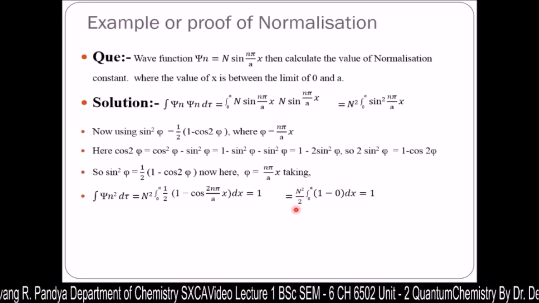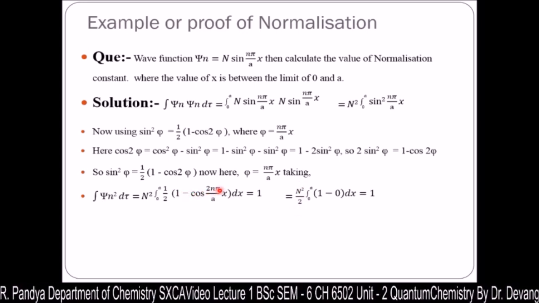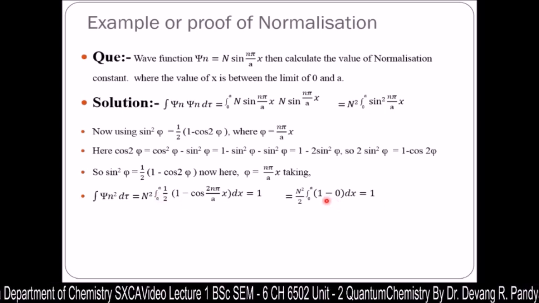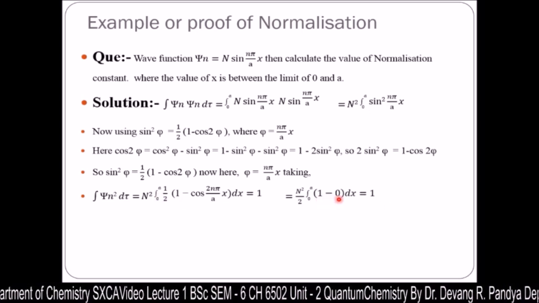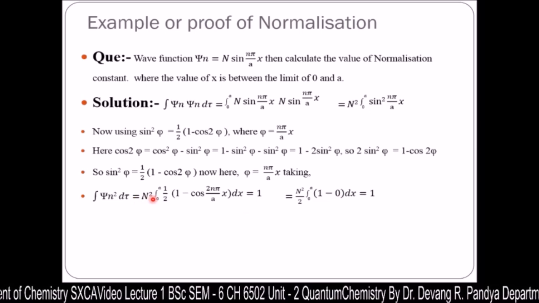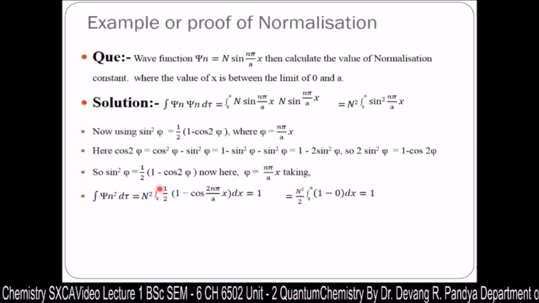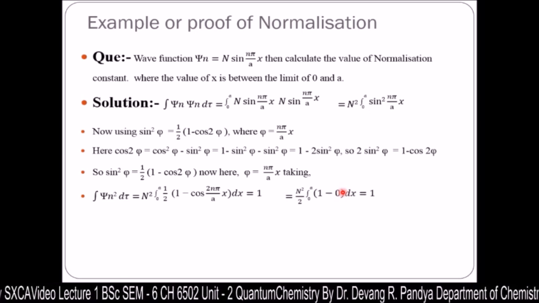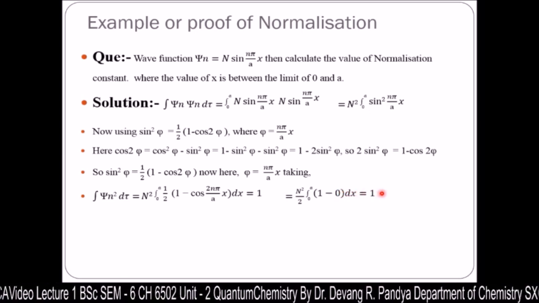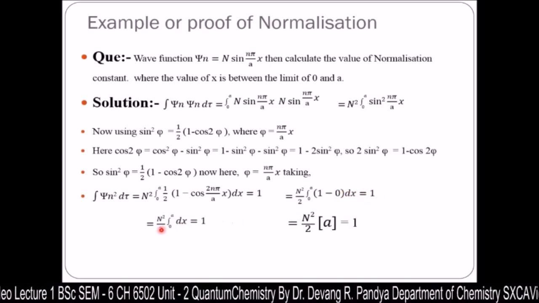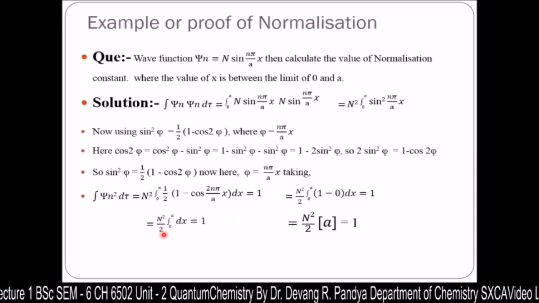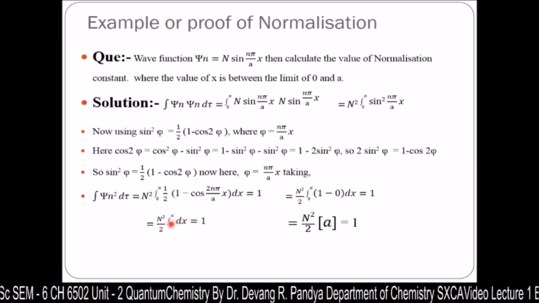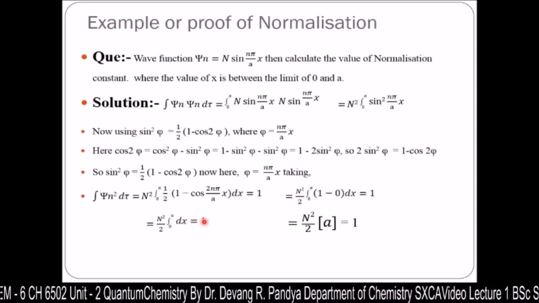N square by 2 and 1 minus cos 2 pi by a x, and its dx integration value is 1 minus 0, because there is a limit 0 to a. So that 0 value is taken, so it's 0, and dx is equal to 1. Therefore n square by 2, now this 1 minus 0 is equal to 0, dx is equal to 1.